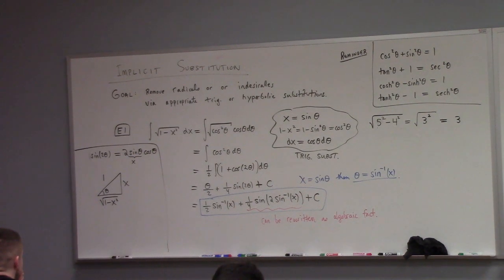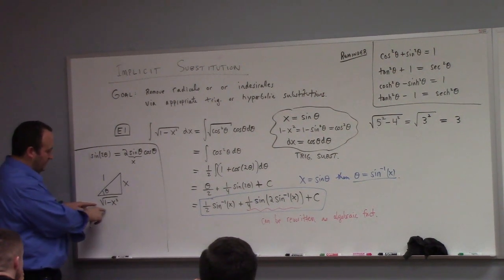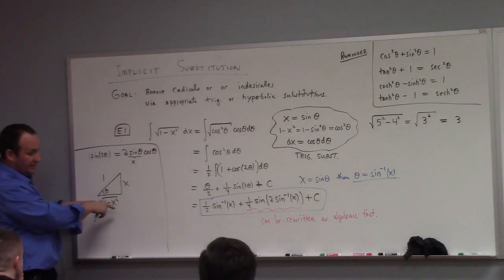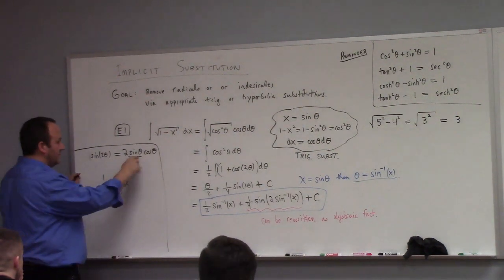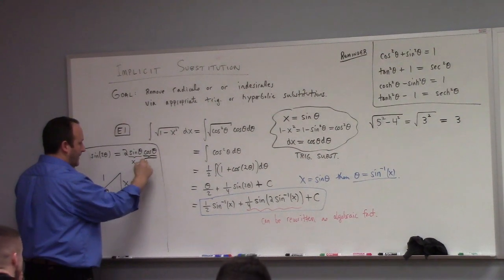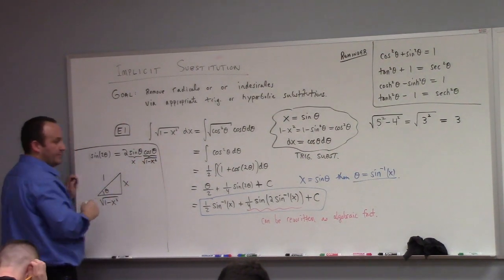Ah, trigonometry. So this is a known trig identity. But once you know that, the cosine is the square root of 1 minus x squared. Right?